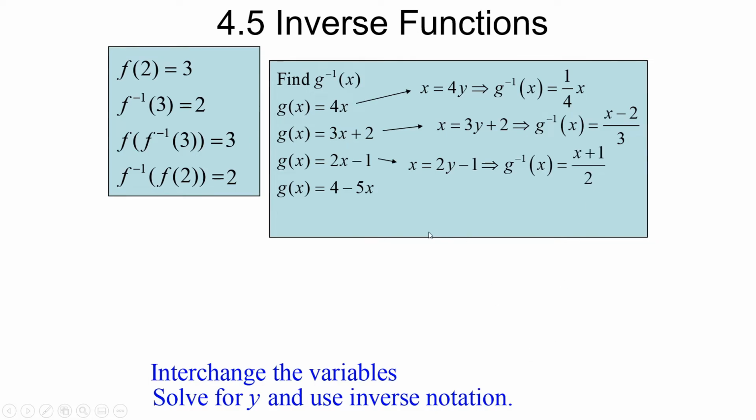And then finally, g of x equals 4 minus 5x. All right, well, let's interchange the variables. So g of x becomes an x, and this x becomes a y. So I see x equals 4 minus 5y. Now, let's solve for this y, which we're going to write as g inverse of x. And if I solve for y, I would add the 4 and then divide by negative 5.